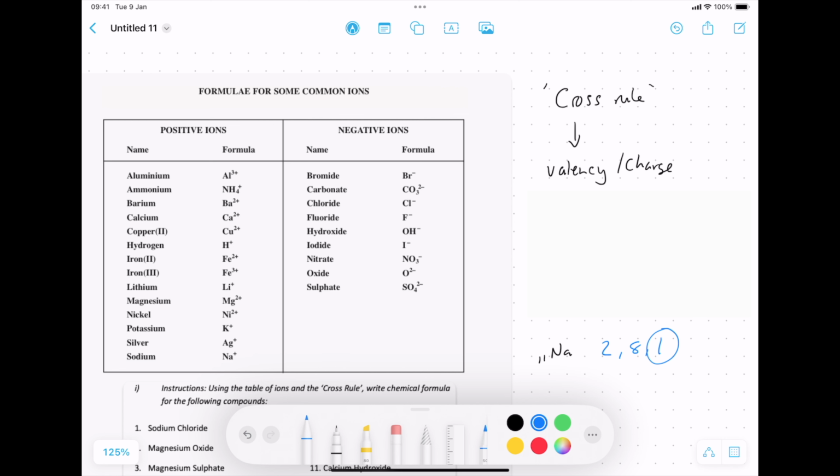So it's energetically favorable for sodium to just lose 1 electron, which would lead it to a configuration of 2,8. And then because sodium has lost that 1 electron, it therefore now has a 1+ charge. So that is where the charges come from.